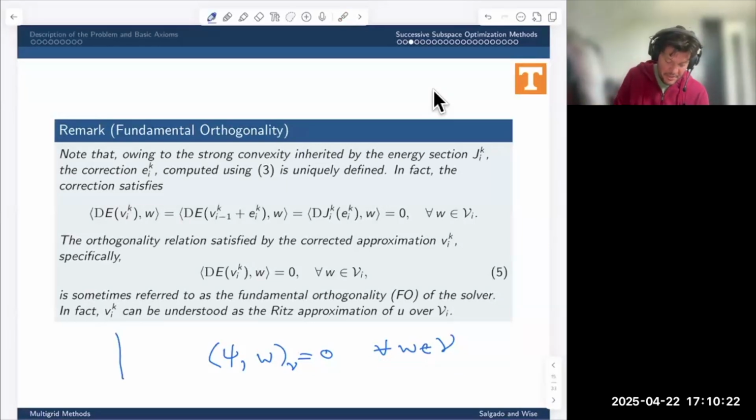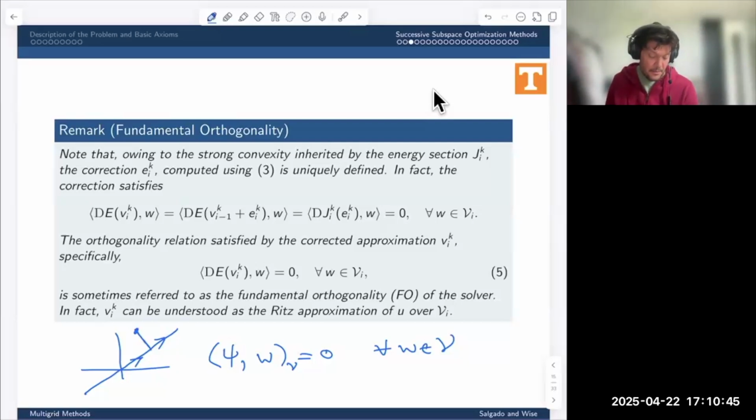Well, you're getting a picture which looks a bit like this. Here's my subspace. Here's my point. And things in the subspace are vectors which look like that. This point is orthogonal to that.